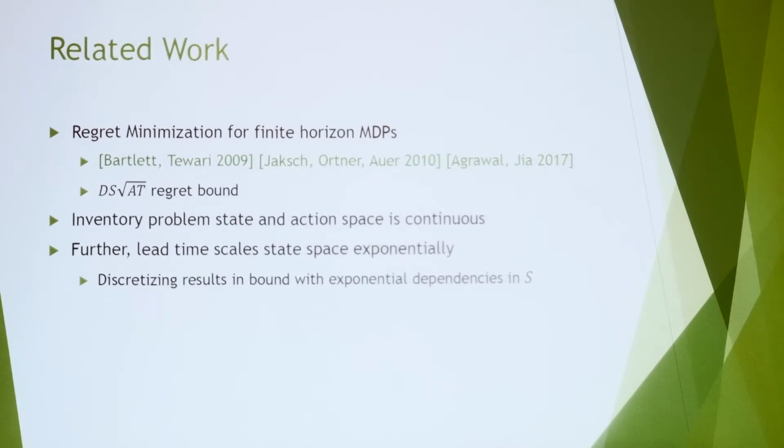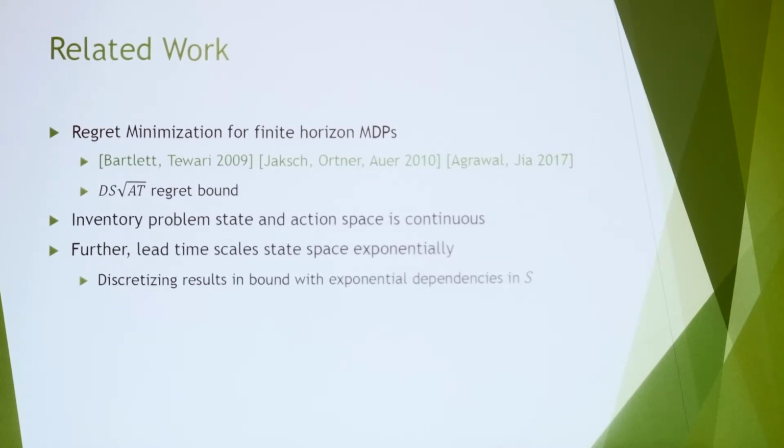If we discretize and try applying this bound, we get a state space size raised to the power of L, because we have the inventory level plus L incoming orders. So our state space size is actually exponential. Therefore, we can't just directly apply this type of result.